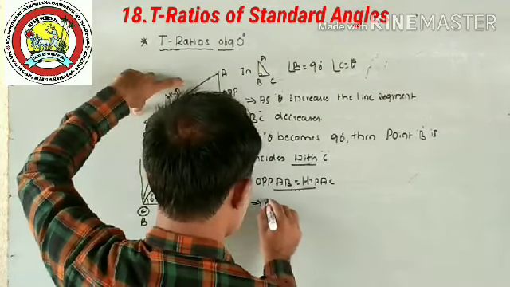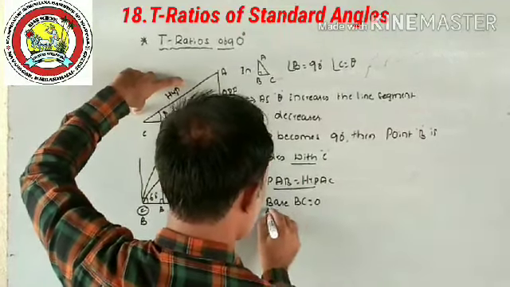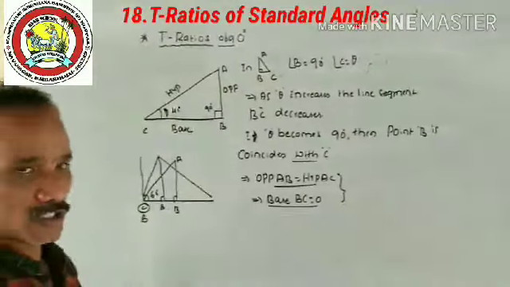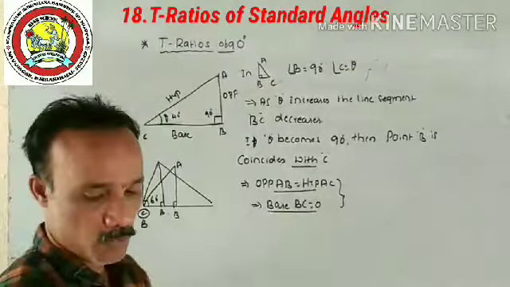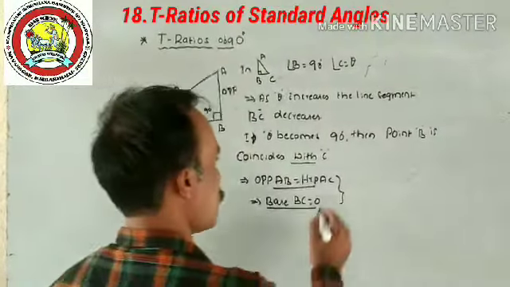Next, what happens? Base BC is equal to 0. In the previous case, base was equal to hypotenuse. Now you write one by one.